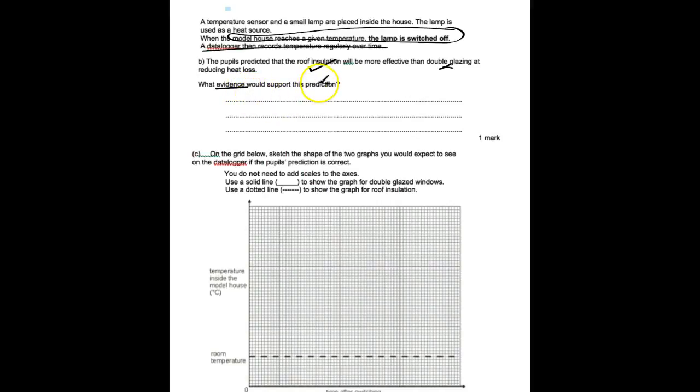So the evidence would be if the temperature decreases slower. Now in which one? The roof insulation is going to be more effective, so in roof insulation.